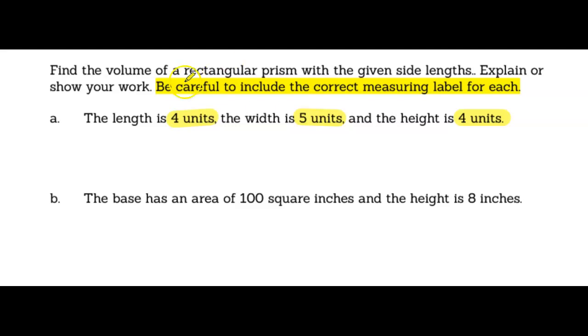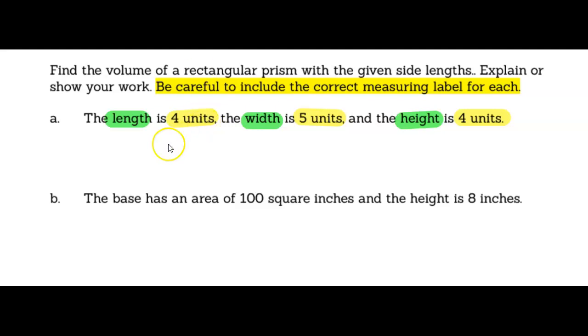We know when we are given the length of the figure, the width of the figure, and the height of the figure, well, we know that those are the magic numbers that we multiply together to get the volume. If you don't know that, now you do. That's been pretty much what we've been working on since the beginning of the year.